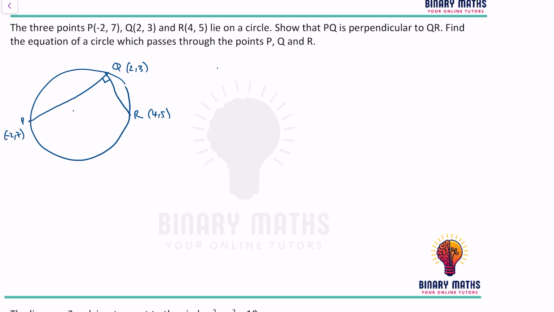Okay, so the gradient of P to Q is equal to the change in y over change in x, which is (3 take away 7) over (2 take away -2), which gives you -4 over 4, which is equal to -1.